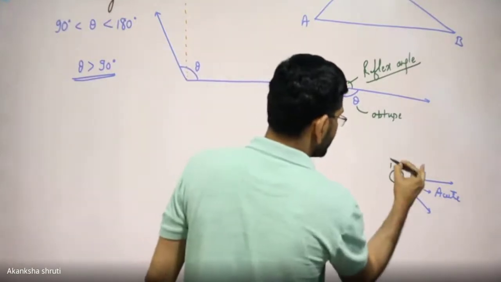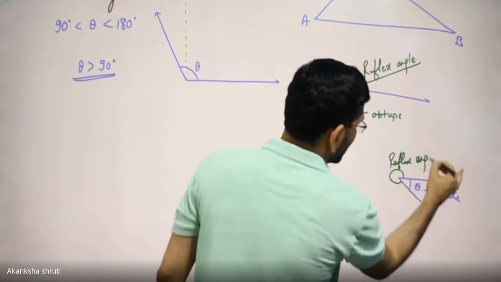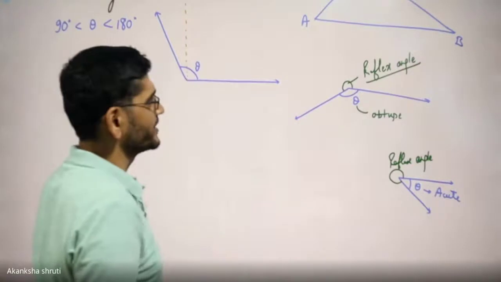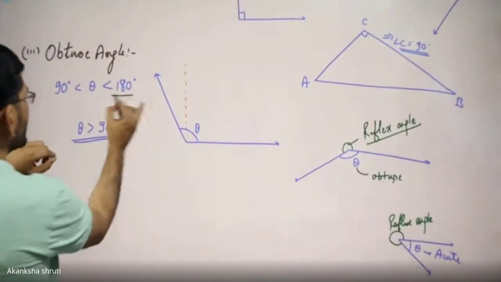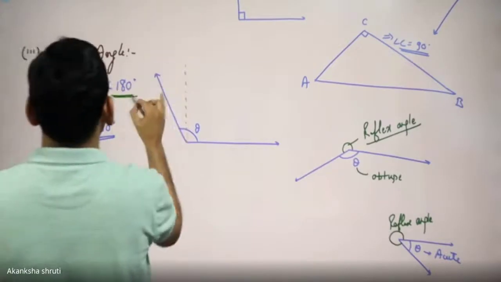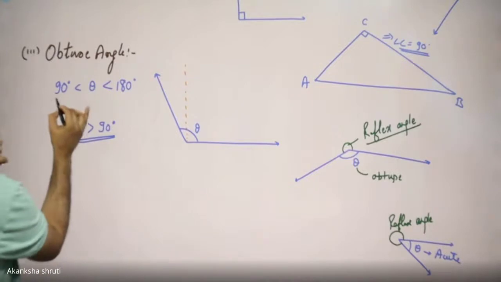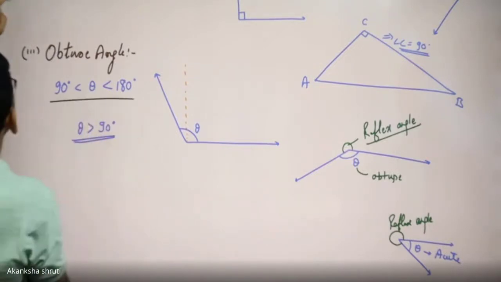This is your reflex angle. Reflex angle for theta, what will be the relation? That we will write. So keep in mind, that's why this 180 degree is the upper limit for obtuse angle. Students, keep in mind this limit, very important.